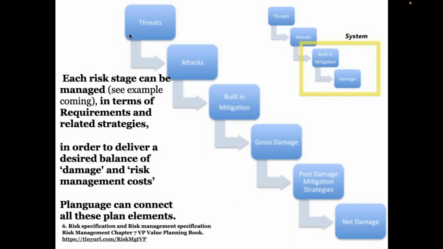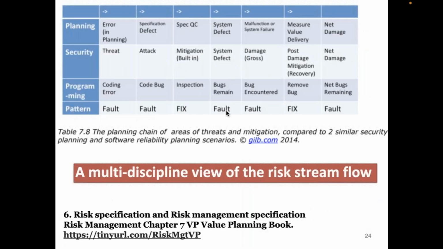My point here is that each of these stages can be separately managed, and you can set separate numeric objectives for each one of the quantities. The quantity of attacks detected, of attacks stopped at this stage, and so on, so they won't zip through at all. Things are tracked like that, and then you can handle each one of these. This is not the code operating, this is the whole system operating in a security environment.